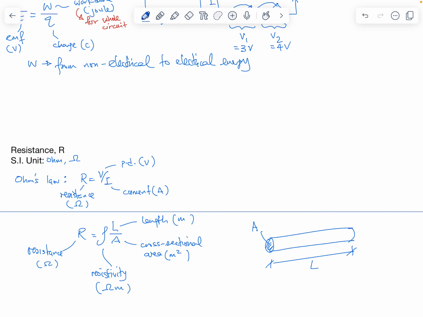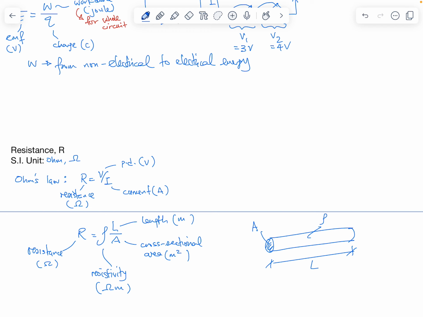So the larger the A, the smaller the R, so it's inversely proportional. And then for rho, resistivity, it is dependent on the material. The good conductors have a lower resistivity, while a bad conductor or insulating material offers a higher resistivity. Resistivity also changes with temperature, but generally it is the same value for the same material.